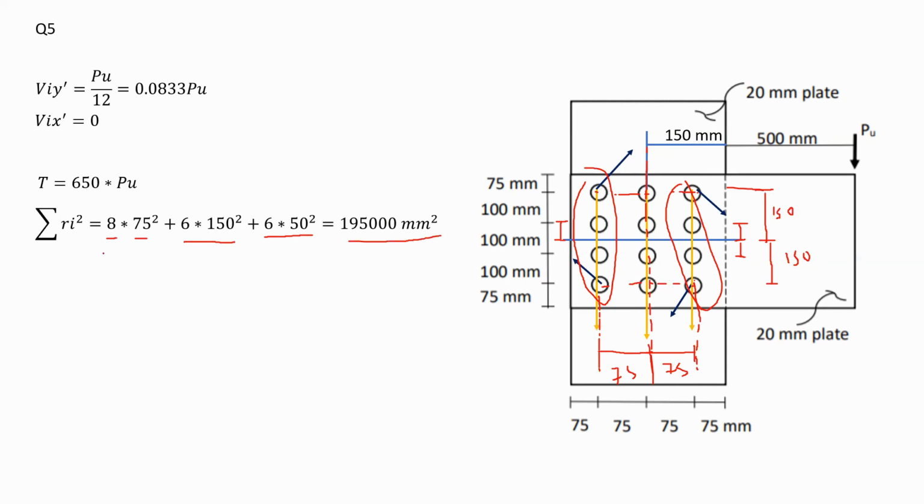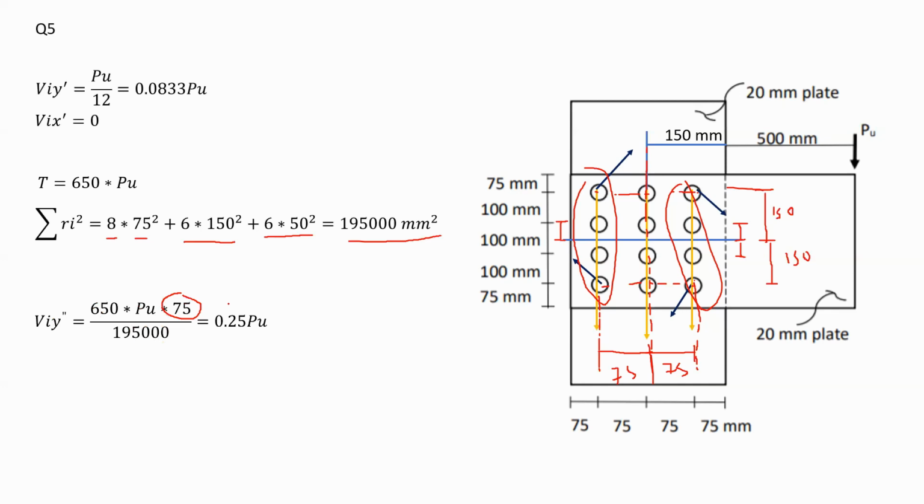Now I'm ready to find VIx double dash and VIy double dash. How would I calculate VIy double dash? This is my torsion, 650 multiplied by Pu, and then the summation of the distances of all the bolts squared, 195,000, multiplied by 75.